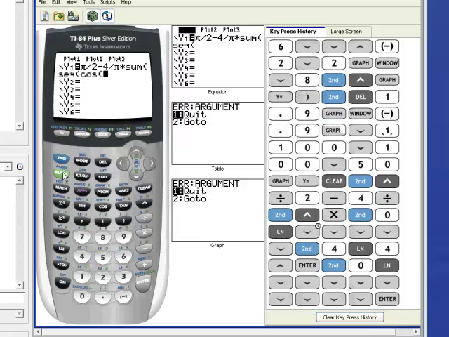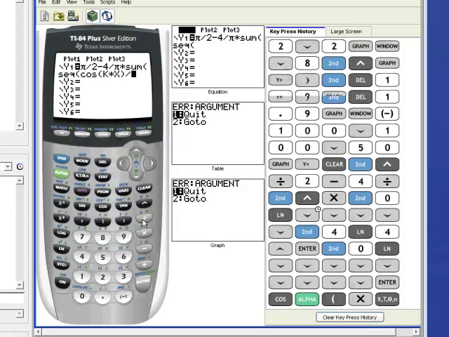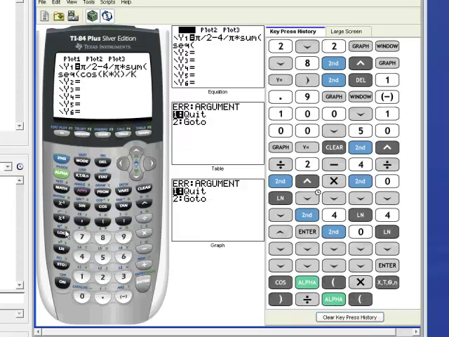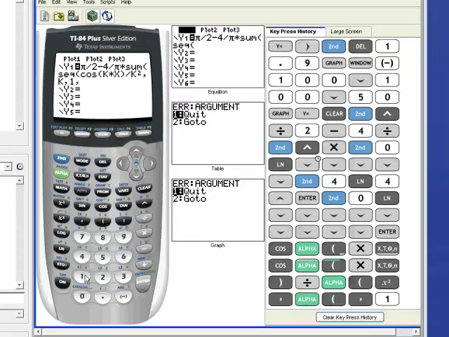There, times x. Parentheses, divide that cosine by alpha k squared, comma, alpha k, comma 1, comma 15, comma 2, parentheses.